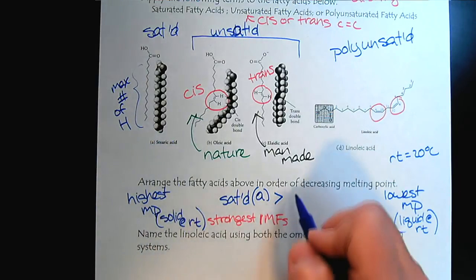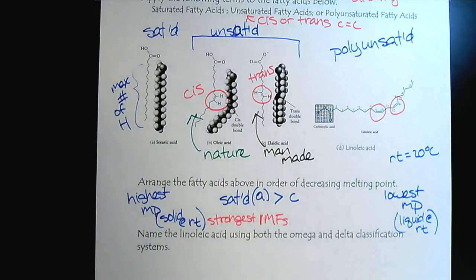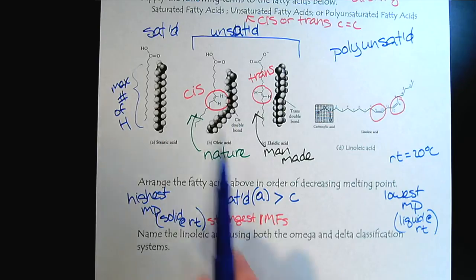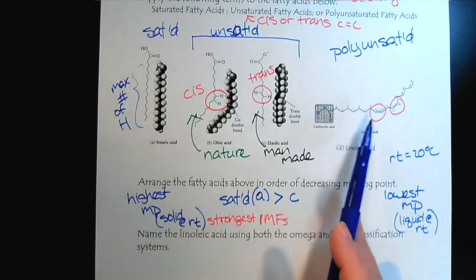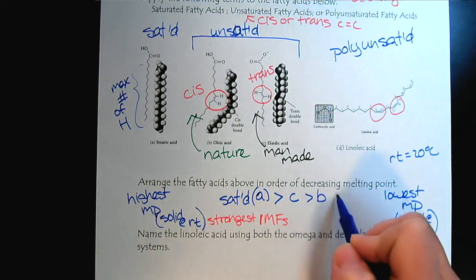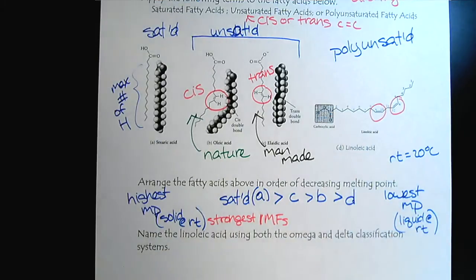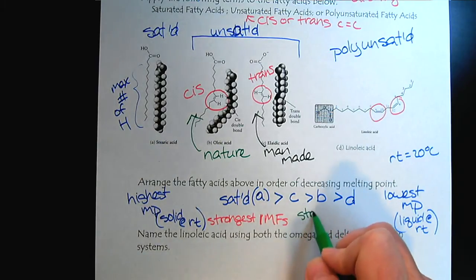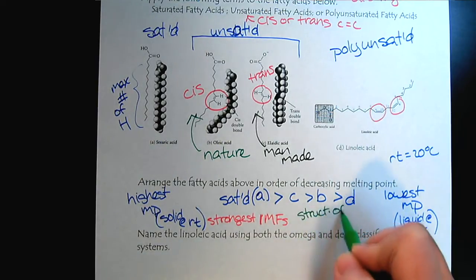So next would come C, the trans fat. And then quite logically, we could see that the more kinks, the less interaction we'll get between fatty acids. So next would come B, and last would be D. All right, so this was all determined from the structure of the fatty acid tail.